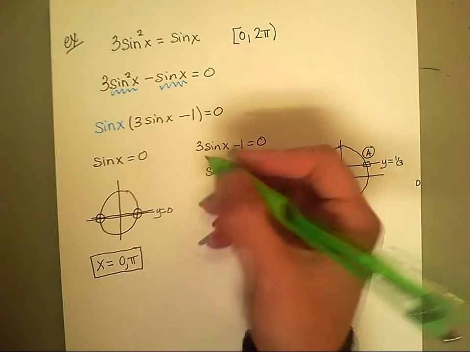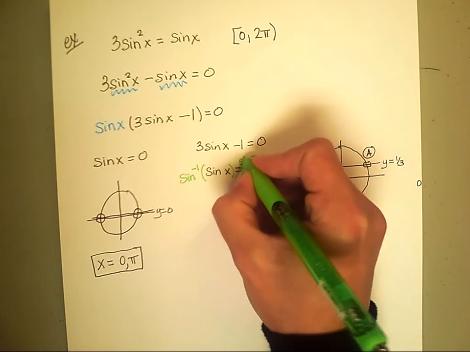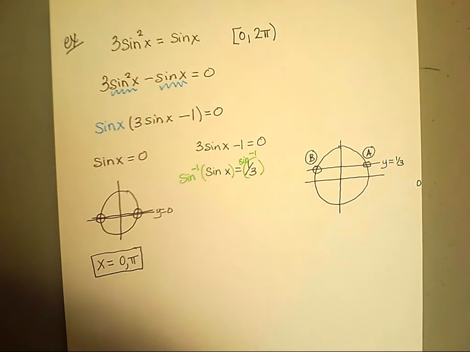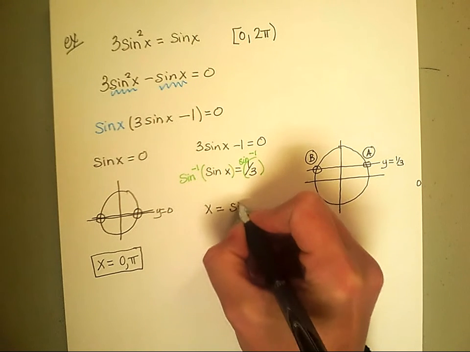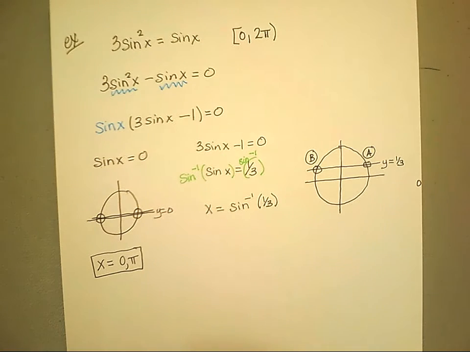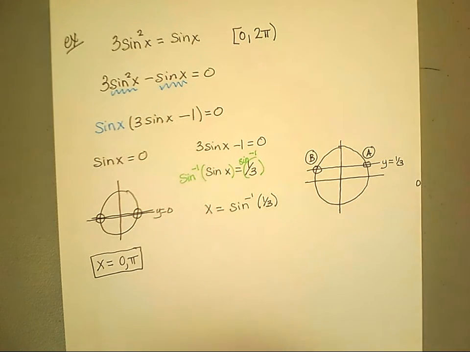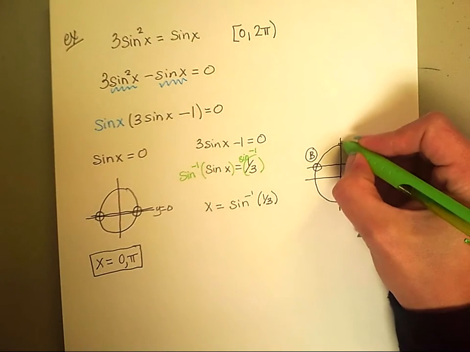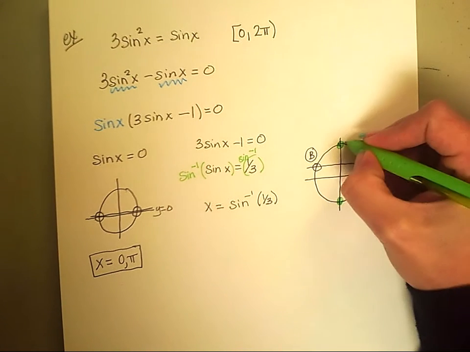So doing as we have done before, let's take the inverse to undo it. When we do that, we'll get x is equal to the inverse sine of 1/3. Okay. So then the question becomes, well, which angle is that? Is that angle A or is that angle B? And so for that, we're going to also have to remember the restrictions of the inverse sine.